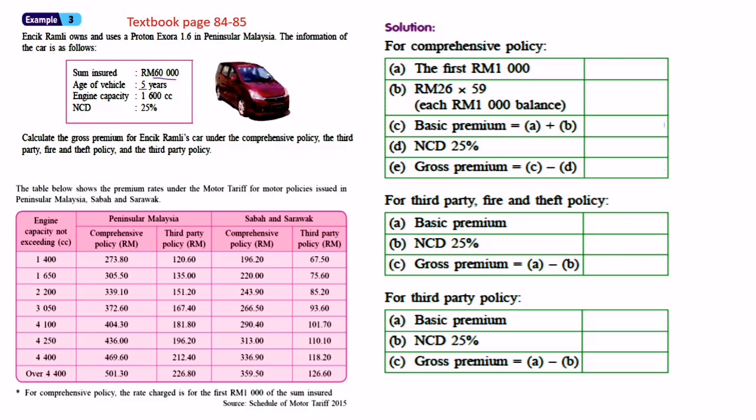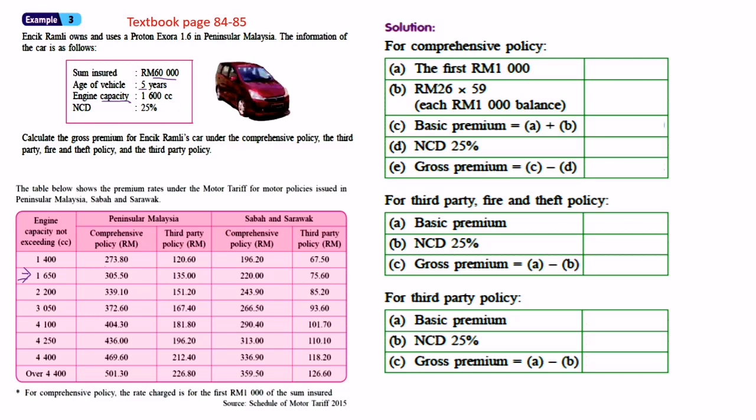For comprehensive policy, the first 1,000 will refer to the given table. So the engine capacity is 1,600 cc. We choose this one because engine capacity is not exceeding 1,650 cc.